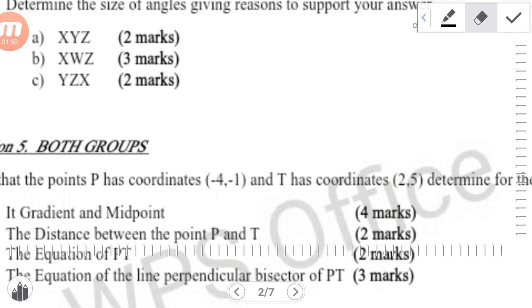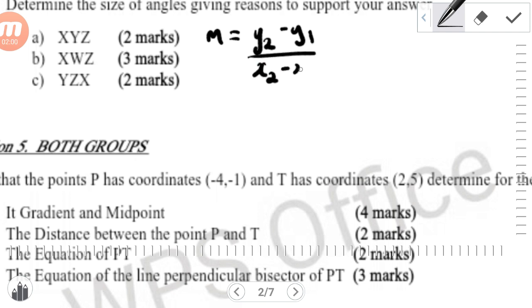The symbol for gradient is m, and so we know m is equal to (y2 minus y1) divided by (x2 minus x1). We label our first point x1, y1, and our next coordinate point x2, y2. Plug those numbers in.